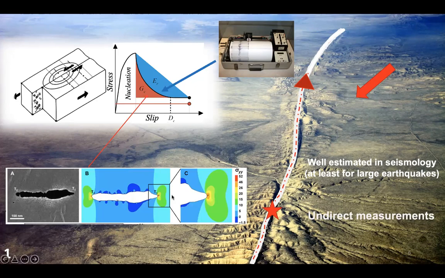And this energy is expected to be a function of the stress intensity factor that develops during the propagation of cracks. You all know, I think, that at the tip of a crack you develop a stress intensity factor that increases the stress and facilitates the propagation of the seismic rupture.